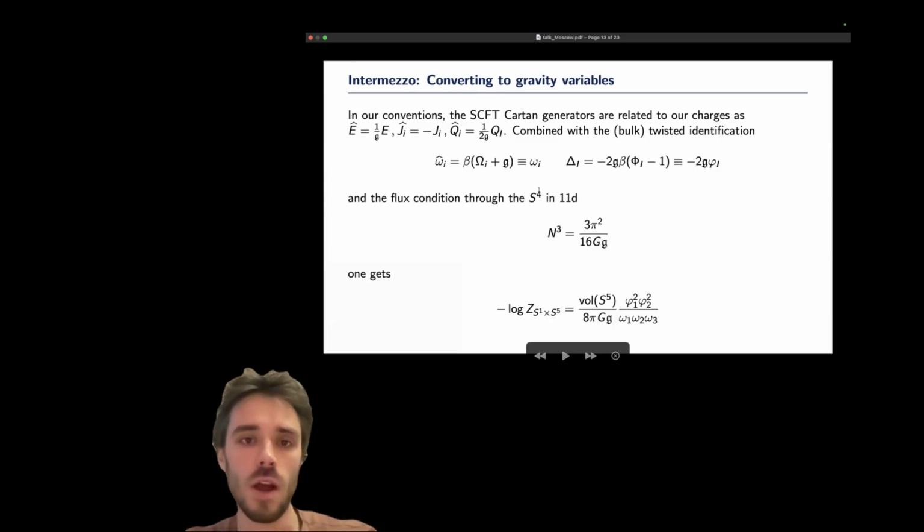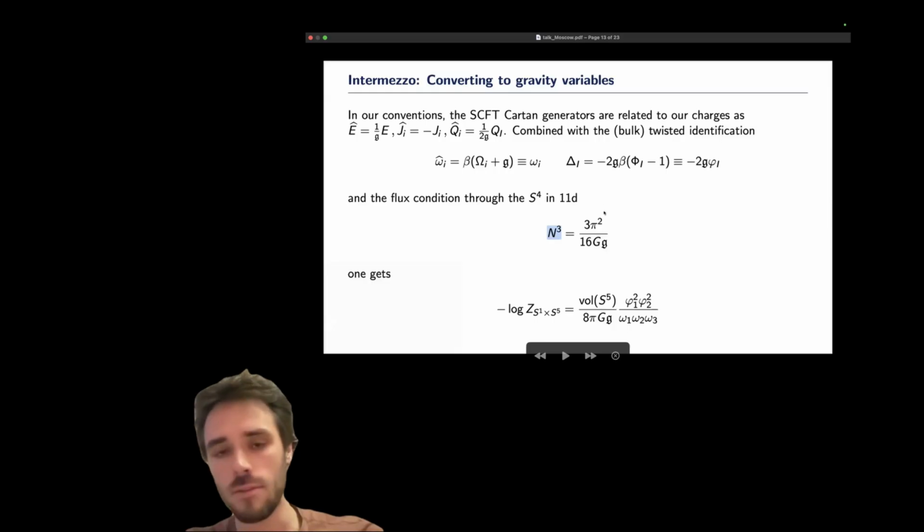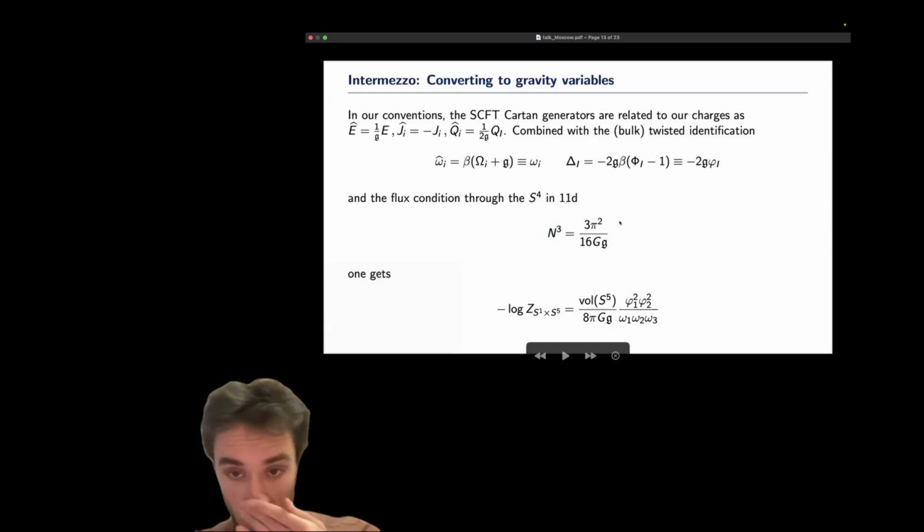So I calculate the flux through the S4, and I obtain this simple relationship between G Newton and n cubed. So in gravity variables, 1 over G Newton is n cubed for this holographic setup.